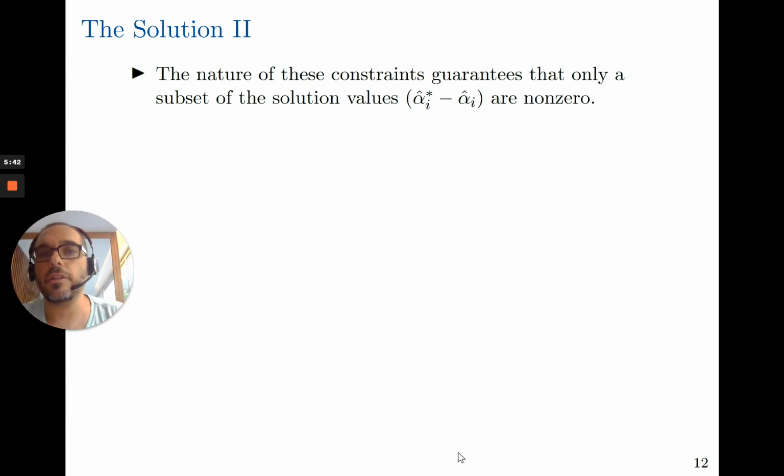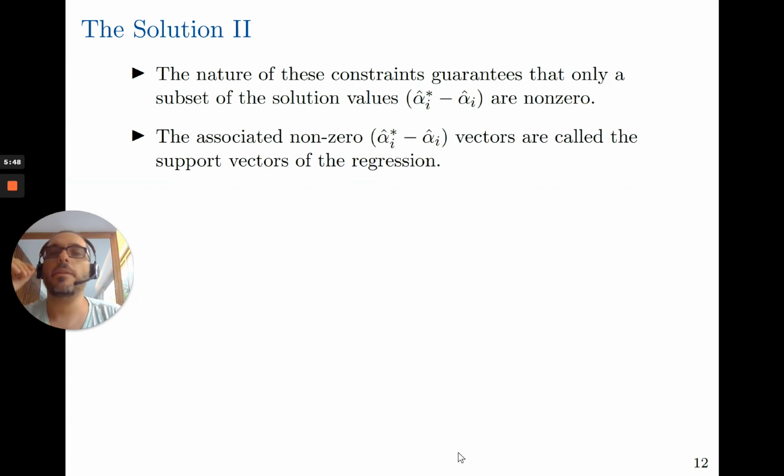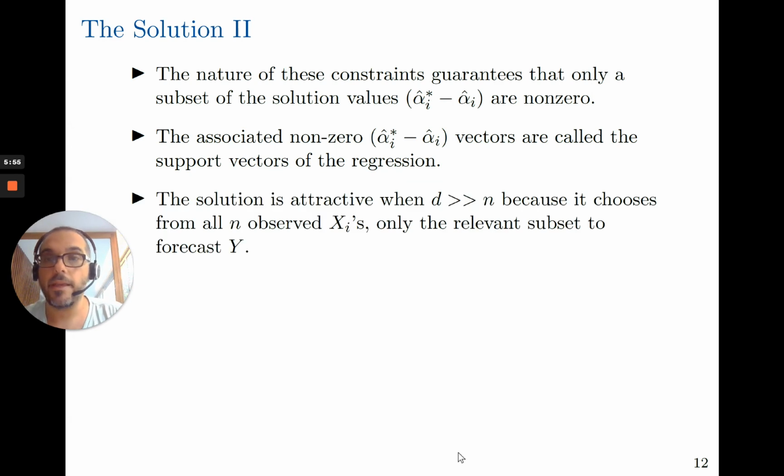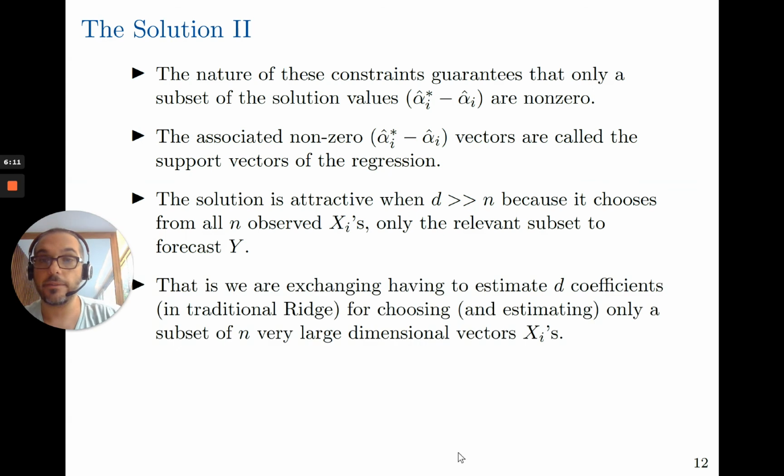So the nature of these constraints guarantees that only a subset of the solution values are non-zero. And the associated non-zero vectors are called the support vectors of the regression. The solution is attractive because when D, the dimension of X, is much larger than N, only the relevant subset of the X's are used to forecast the Y's.